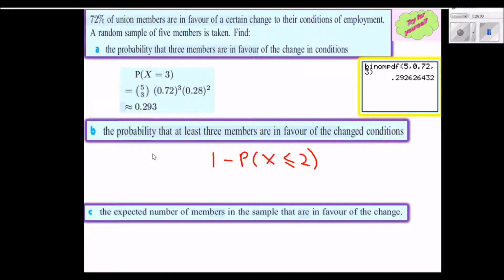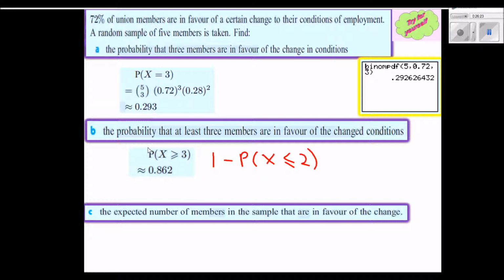Find the probability that at least 3 members are in favour of the change in conditions. So at least 3 members, meaning 3 members plus 4 members plus 5 members. So probability x is greater than or equal to 3, and so on. Remember that our calculator by default tends to do probability x is less than or equal to something.